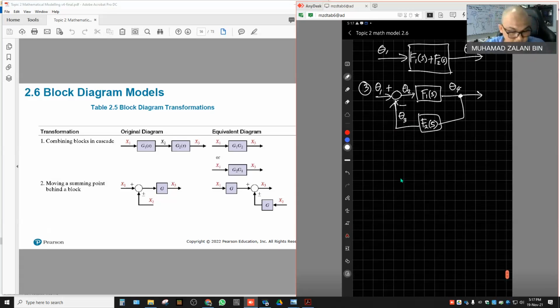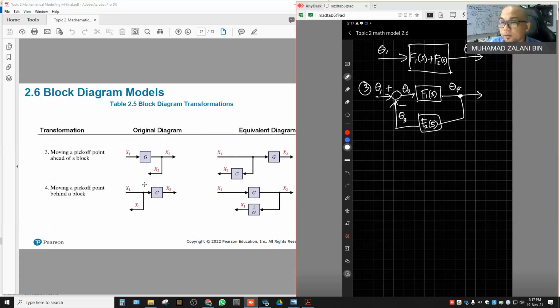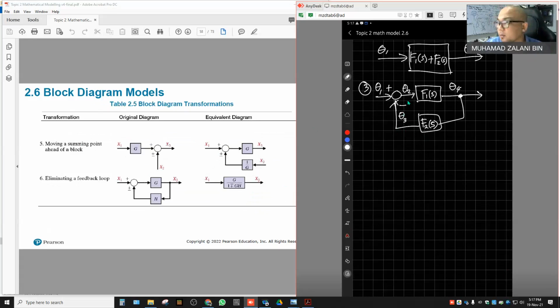So for that particular negative feedback system, we do the same thing to prove it, to change this into what I call a single block, which is related to number 6, eliminating a feedback loop, where we have this to this. All right. So let me show you how to do the calculation.